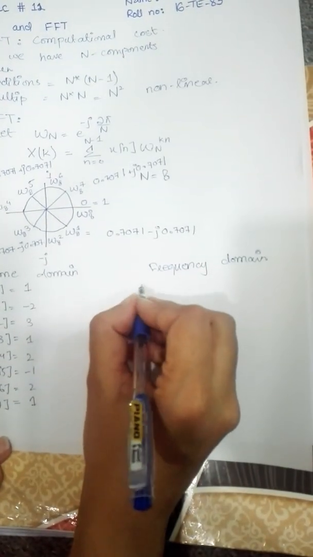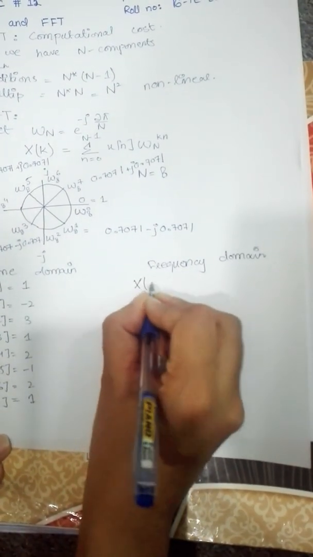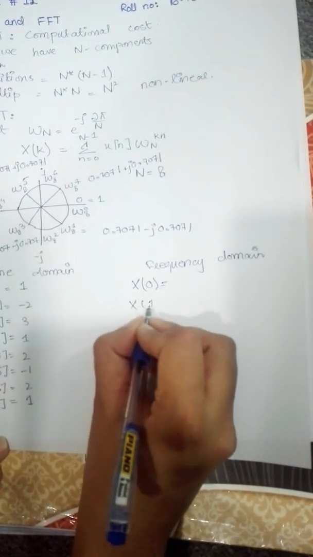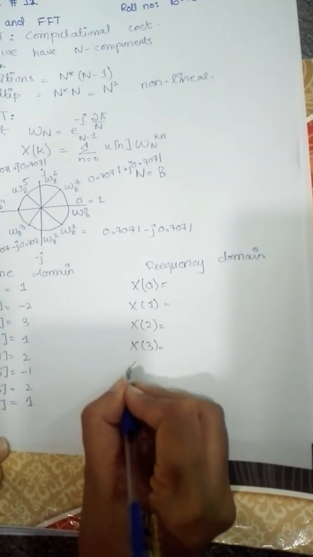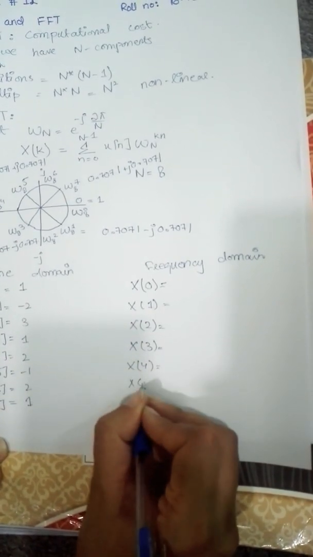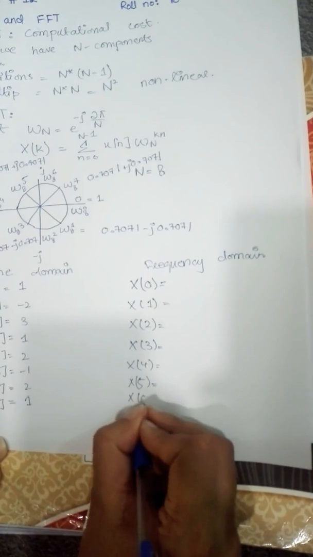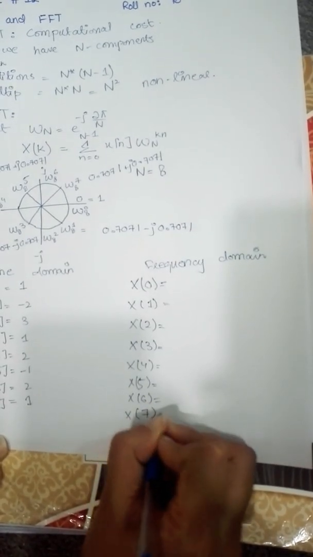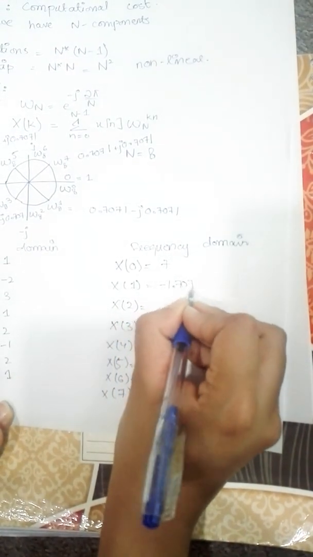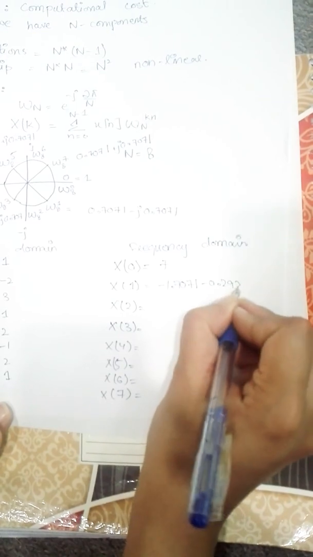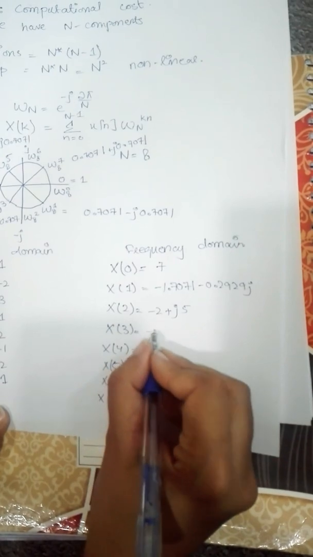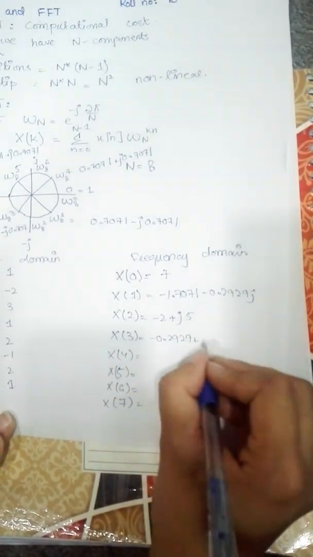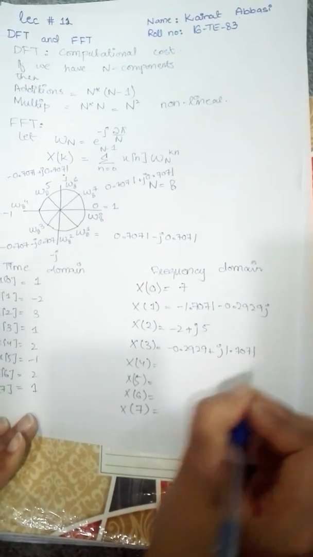Similarly, we computed X of k, that is the frequency domain sequence, capital X of 0 to X of 7. The values were 7, minus 1.7071 minus 0.2929j, minus 2 plus j5, minus 0.2929 plus j of 1.7071.